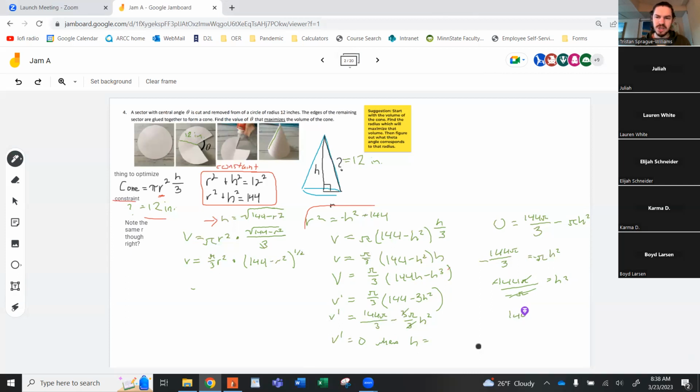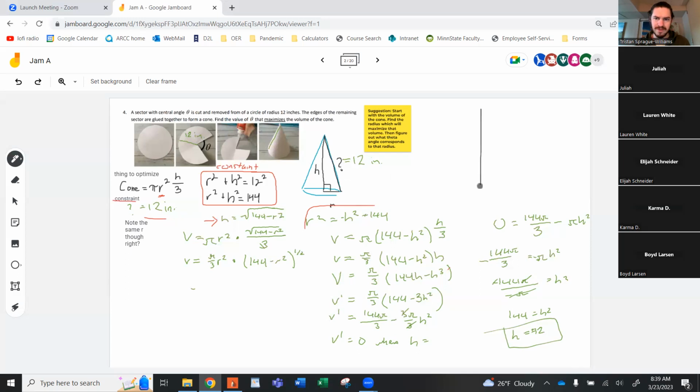The actual optimization is going great. You guys are killing it here with the optimization. So that is looking good. It looks like we pretty much got h equals 12. No, h can't equal 12. H equals 12 would be a problem because if h is equal to 12, the hypotenuse and the h would be the same value.